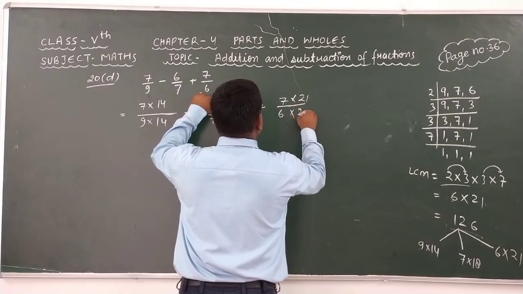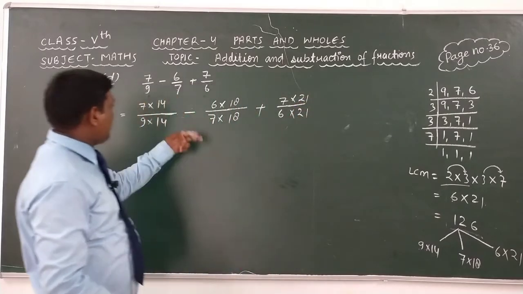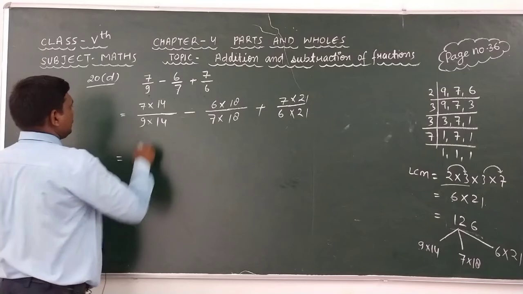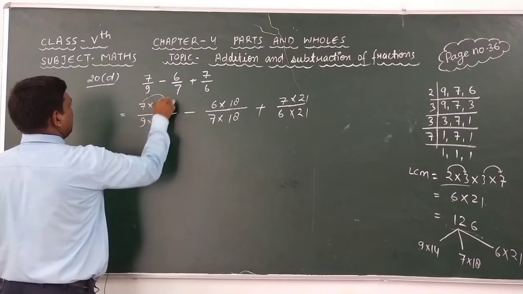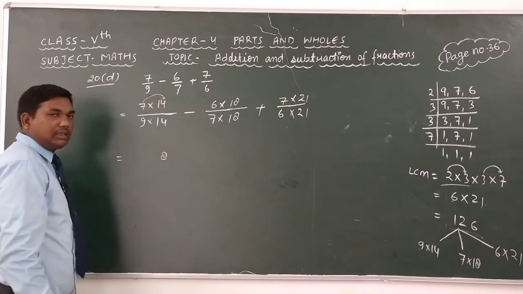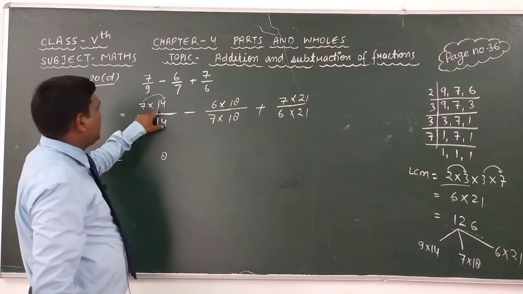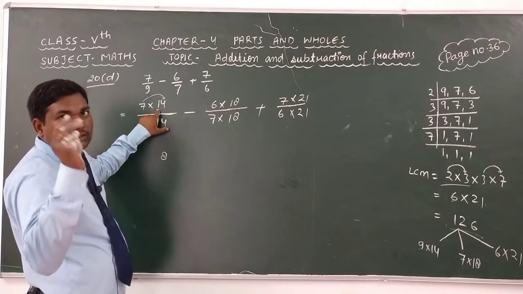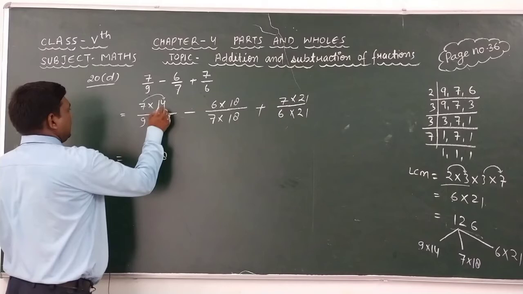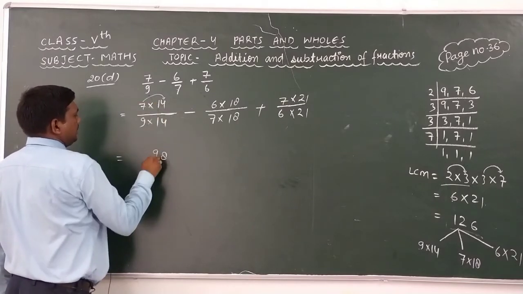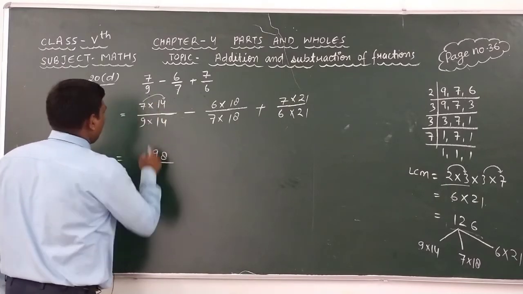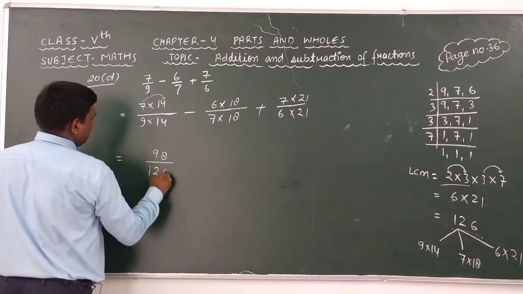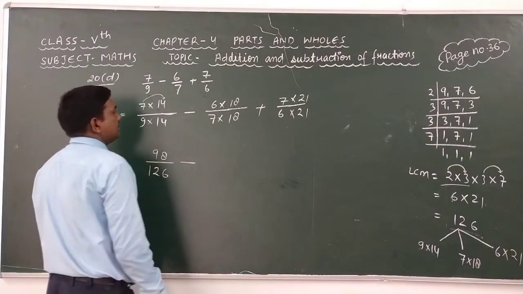After multiplying these we get 7 4s are 28, 7 1s are 7, 7 plus 2 is 9, so 14 7s are 98 over 14 9s are 126.